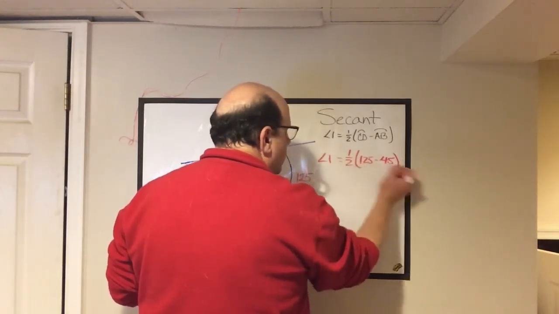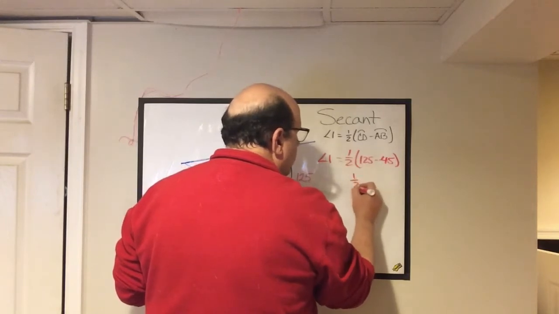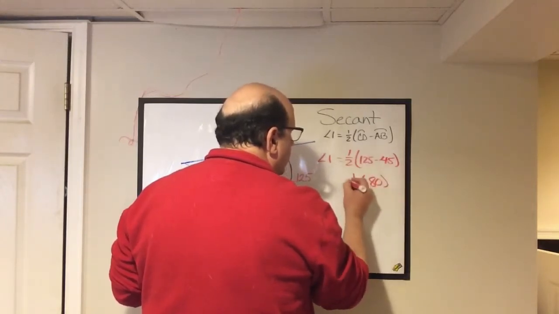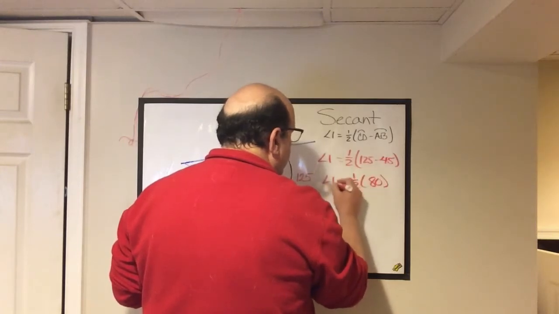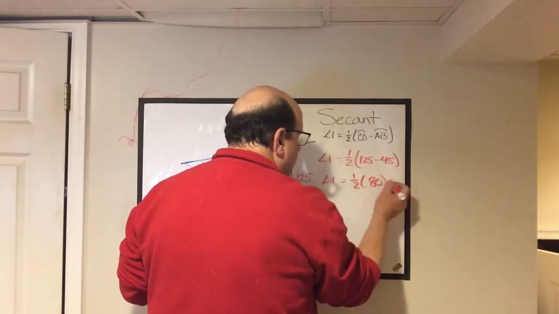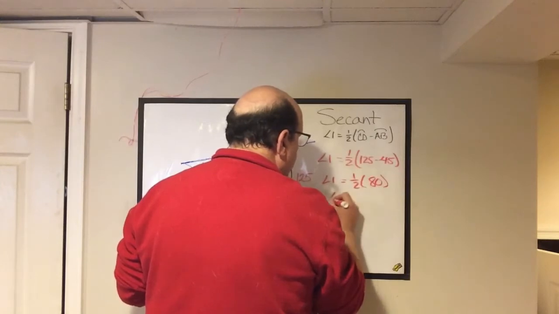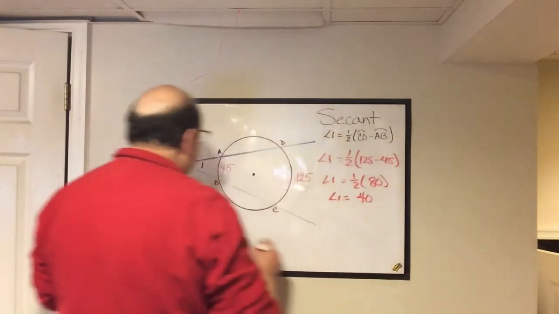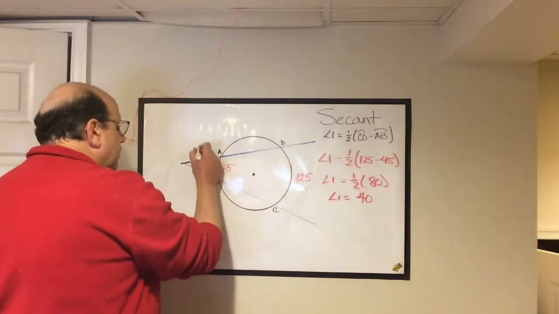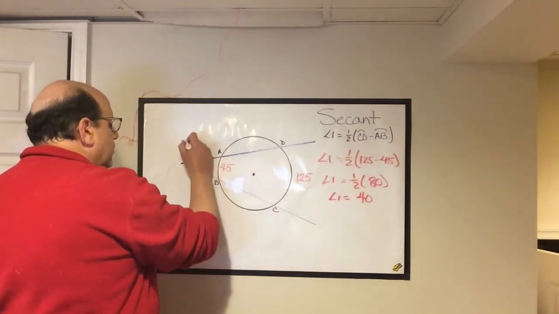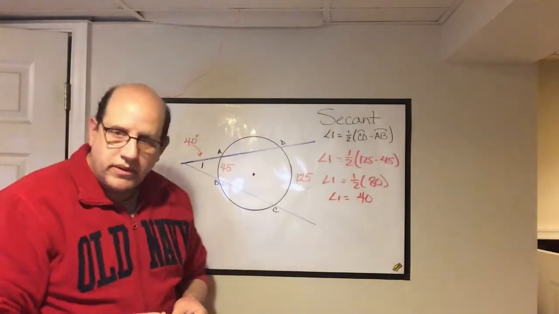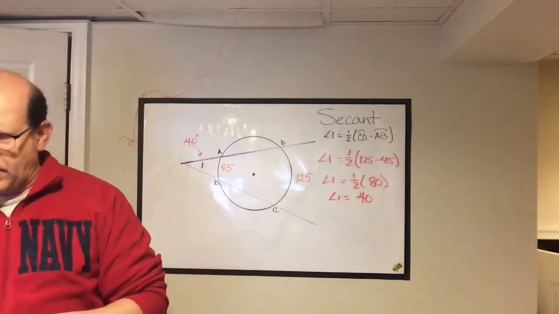Bring it down, do this math, and we have 1/2 of 80 equals angle 1, and then we do the 1/2, and anything times a half is like dividing by 2, and we have this angle here as 40. So this is 40. And that's the first way to solve. That's the easiest way to solve, and there are a lot of them like that.